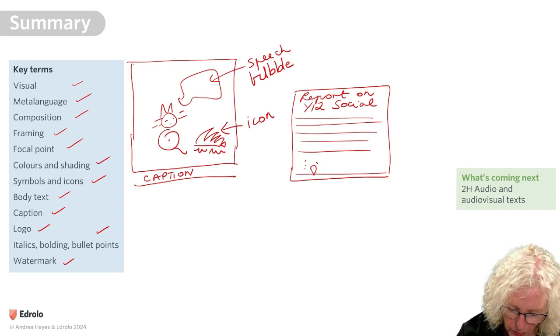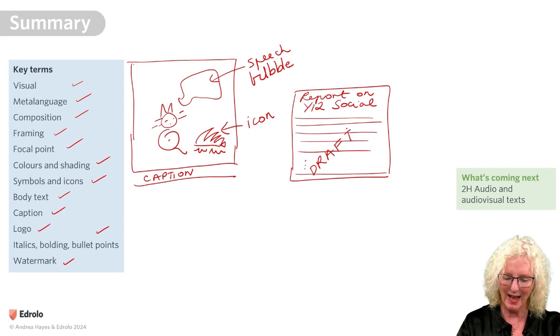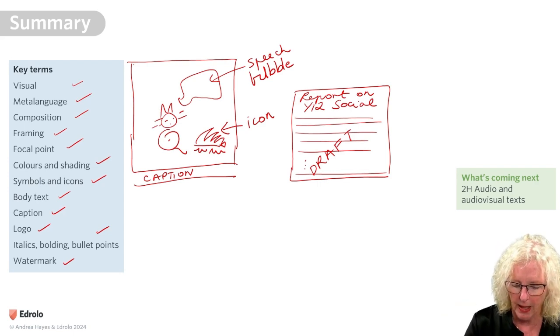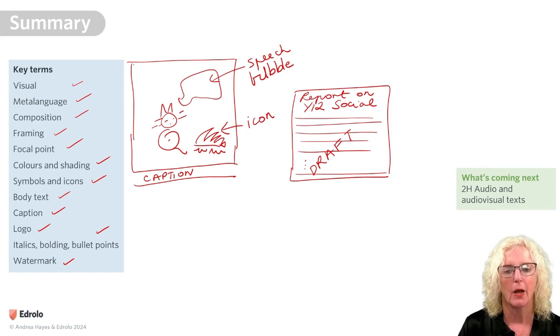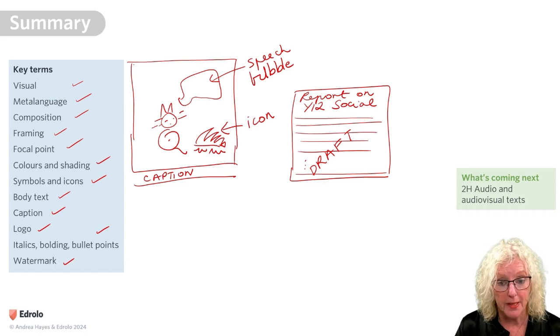But right through it, it might have the word draft just faintly in the background of all of it. Now this word draft being faintly on the background underneath is a watermark. Okay, that's it for this lesson, and coming up next, audio and audiovisual texts.